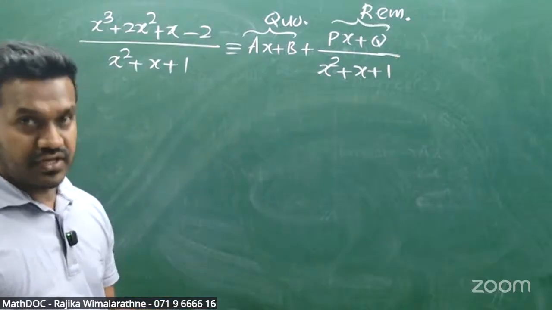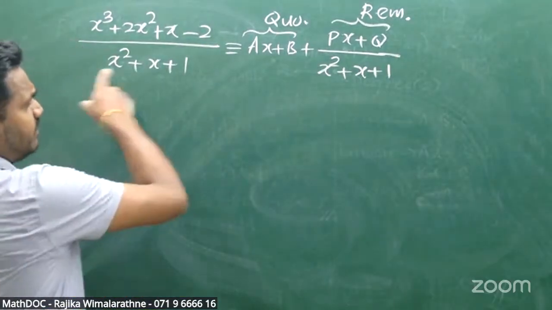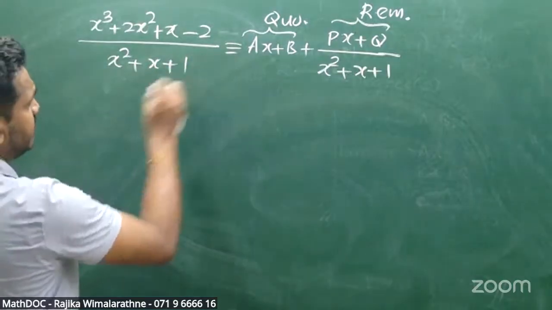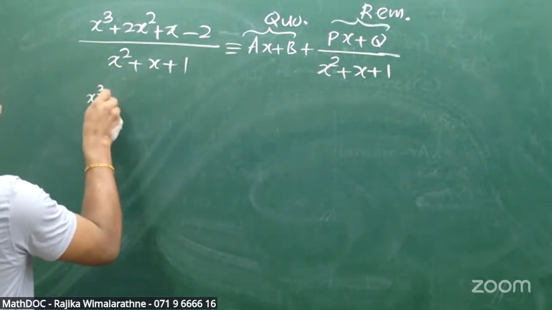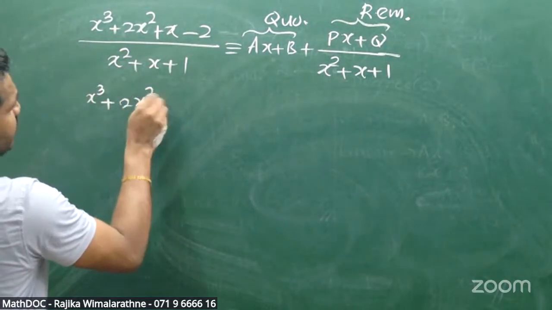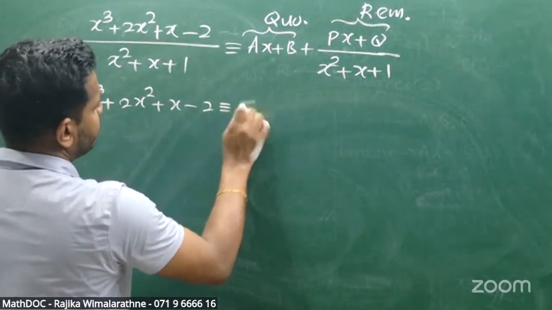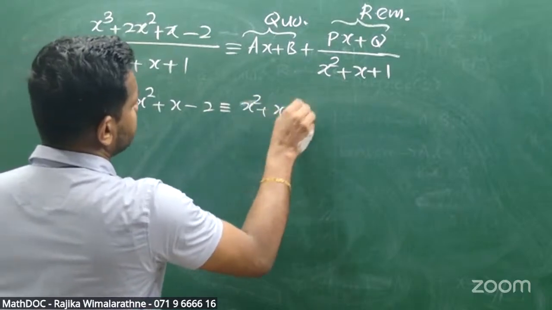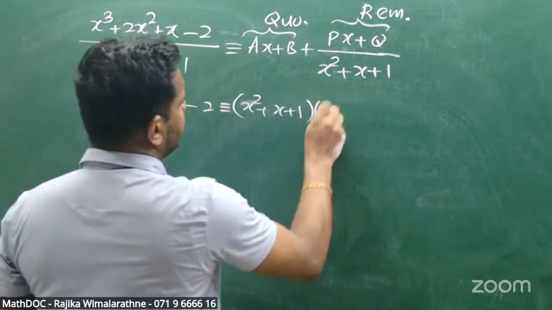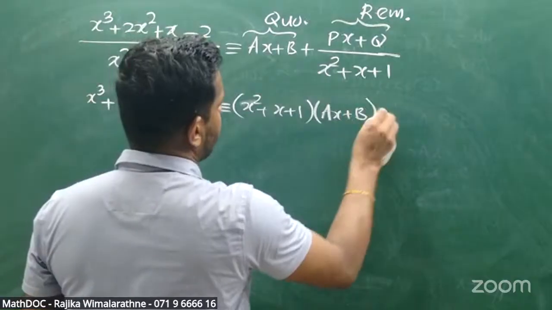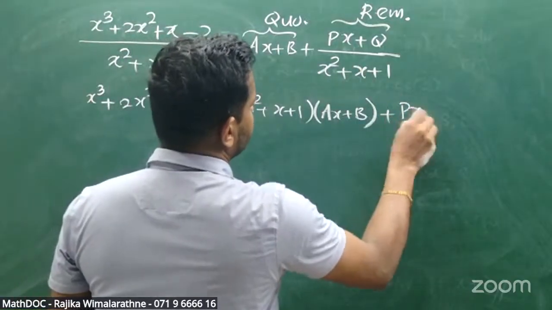Likewise, you write the division algorithm. Then multiply by this x squared plus x plus 1. Then x cubed plus 2x squared plus x minus 2 cross multiply equals x squared plus x plus 1 into ax plus b, plus px plus q.